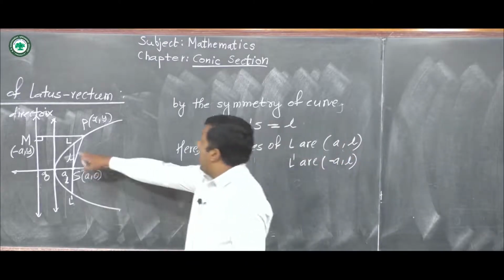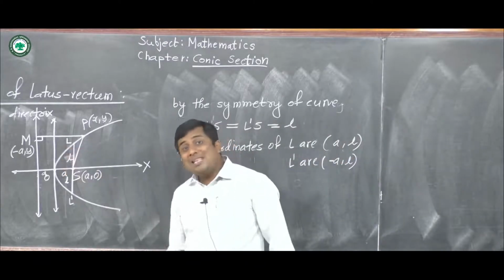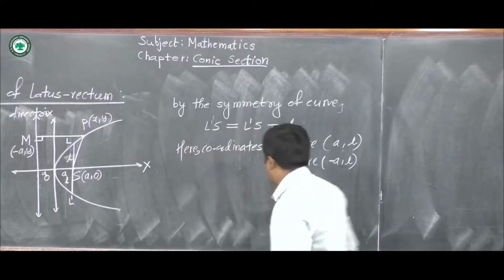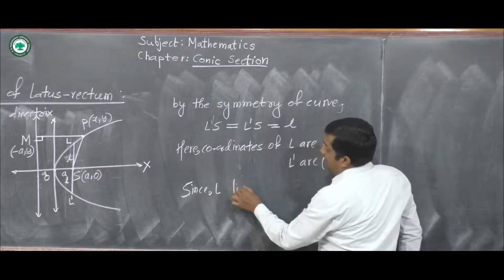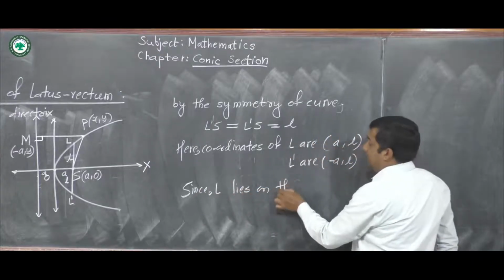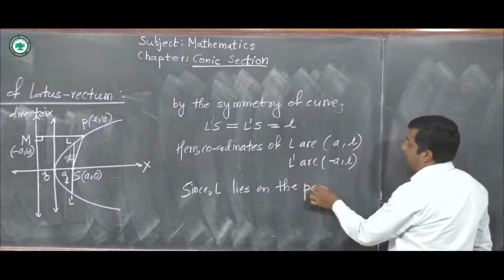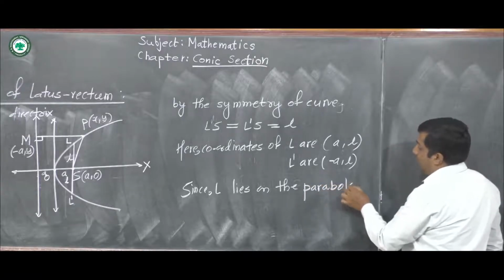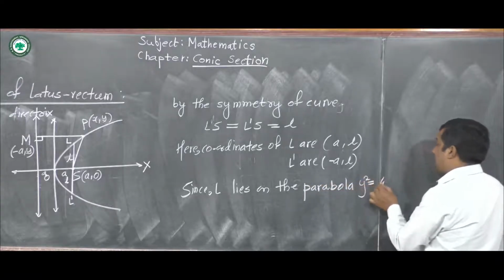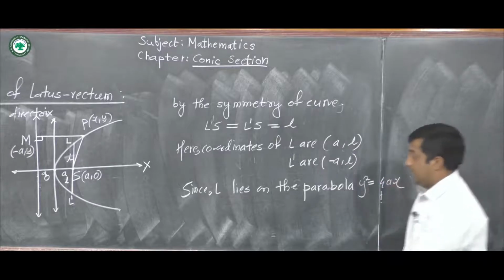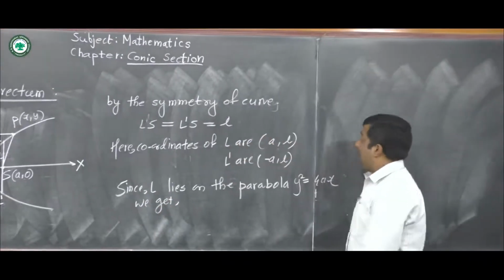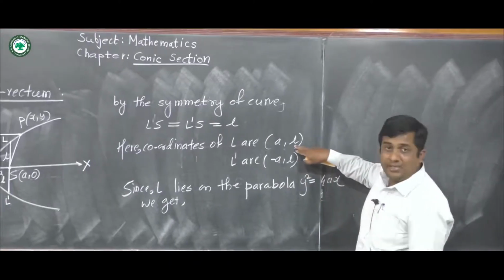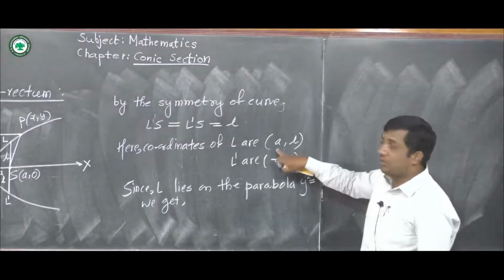Since the point L lies on the parabola y squared equals 4ax, let's replace y by l and x by a.